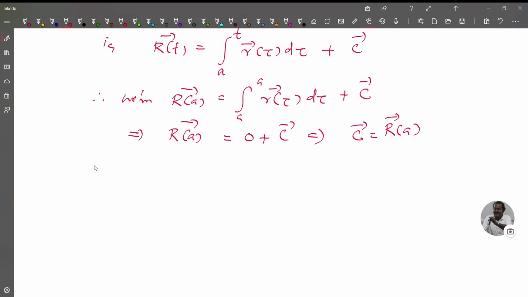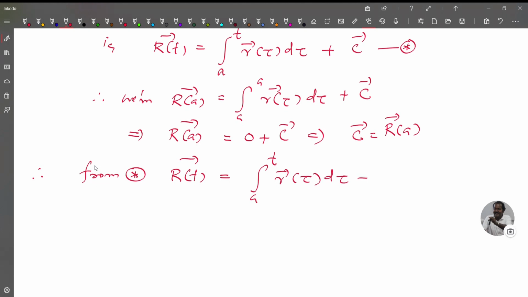Therefore, taking this as equation star, from star, R of t equals the integral from a to t of r of tau d tau plus R of a, because c is R of a.